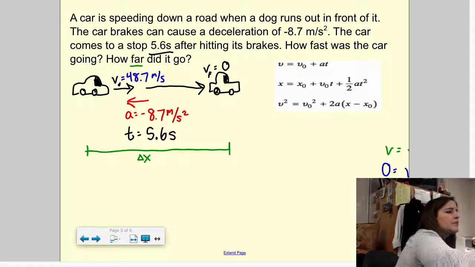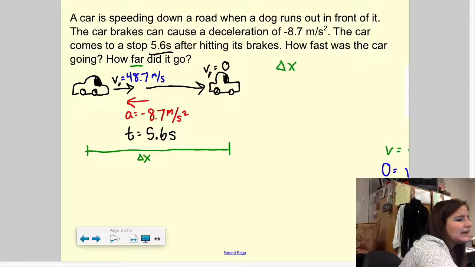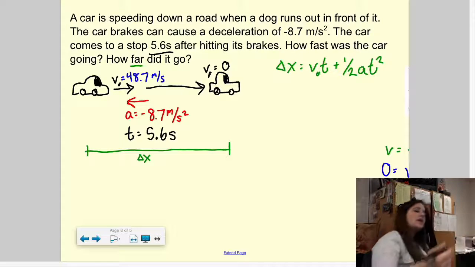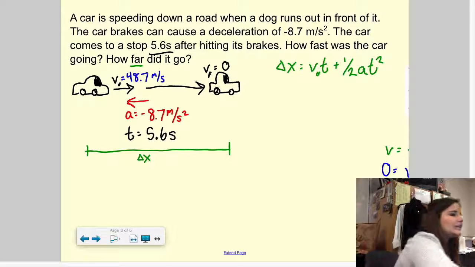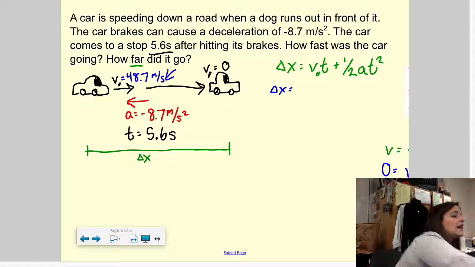So, again, typically we rewrite that equation by moving the x over. So it's delta x equals v initial times time plus 1/2 acceleration times time squared. And then we plug and chug. Delta x equals our initial velocity, which remember we found, it's not 0.